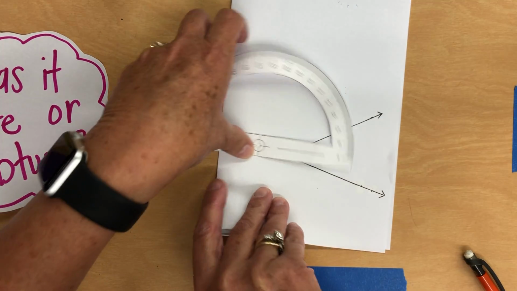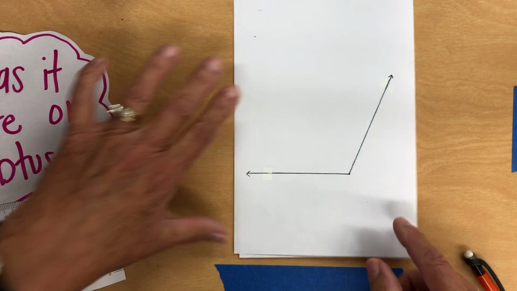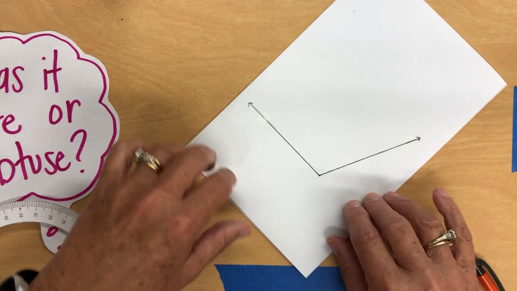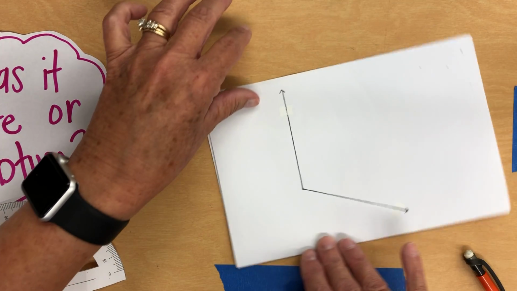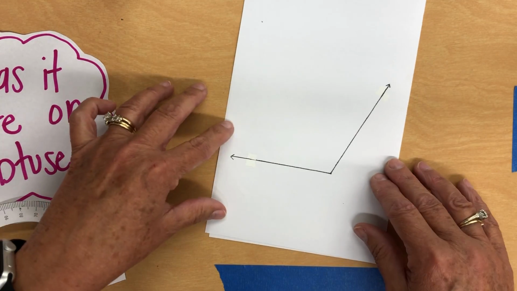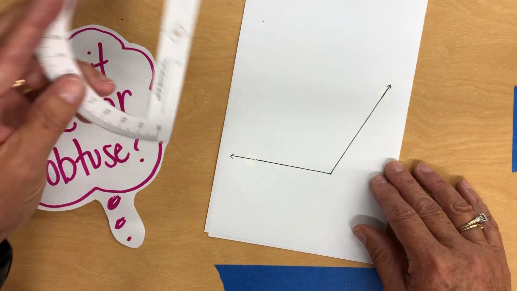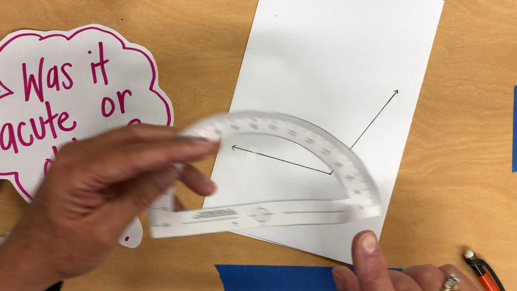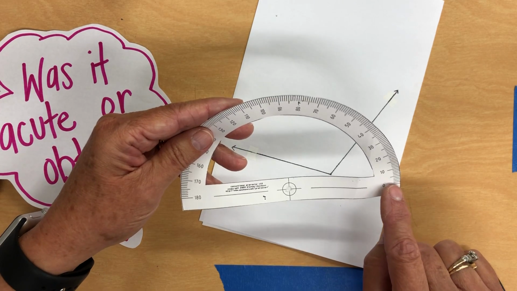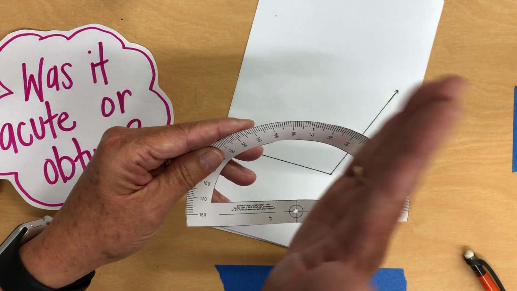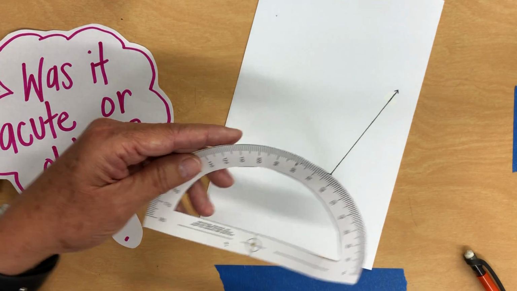Now, my next angle that we're going to use to measure looks like this one. It doesn't matter, you can spin your angle any direction. That's important with our paper protractor, because we only have 0 on one side, and we'll have to measure the openness of an angle moving to the left.